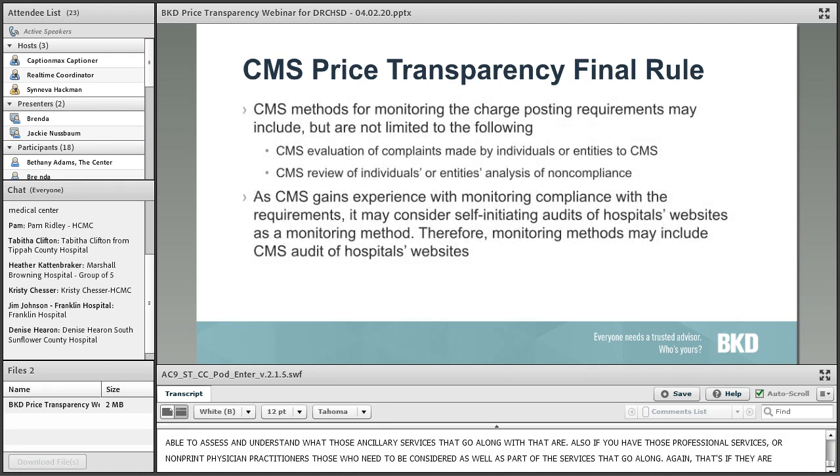Also, if you have professional services, if you have employed physicians or non-physician practitioners, those would need to be considered as well as part of the services that go along. Again, that's if they're employed.